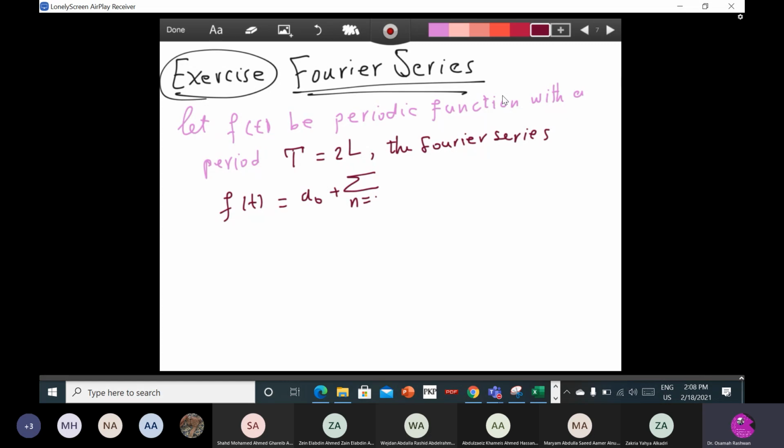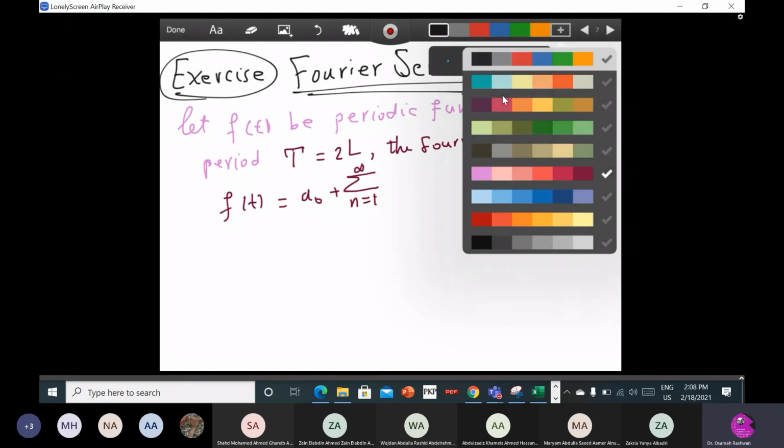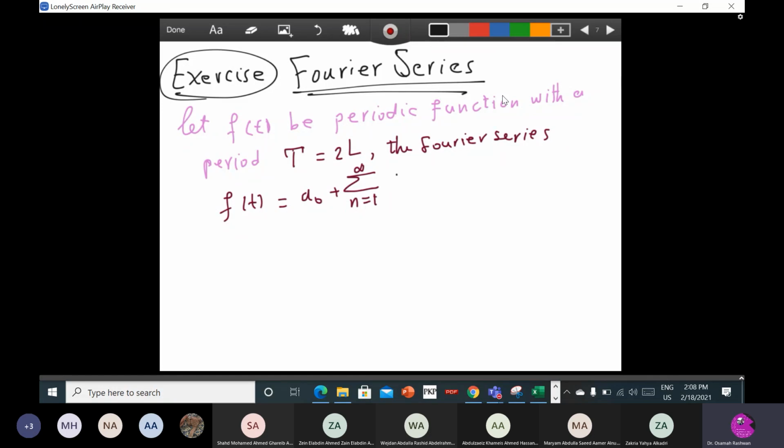1 to infinity. It is an infinite series similar to Maclaurin and Taylor series, but the difference is the coefficient. Here I have a coefficient corresponding to the even part, or the even function, multiplied by the even trigonometric function cosine.